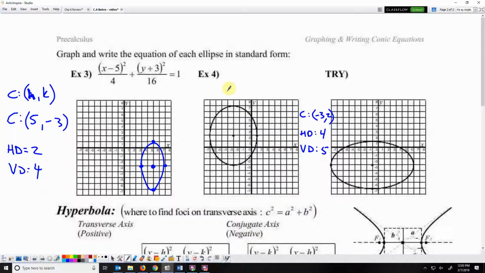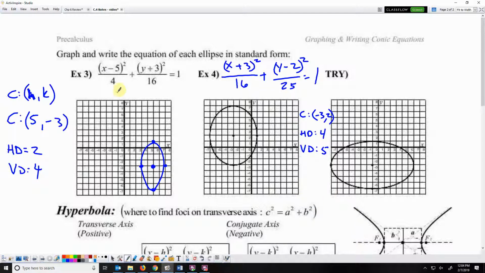So for the horizontal components, we've got x, and then there's a negative 3, so x plus 3 squared over the horizontal dilation squared, 4 squared is 16. And then we have a 2 for the vertical shift, so that would be y minus 2 squared. And the dilation 5 means 5 squared goes here, 25, all equal to 1.